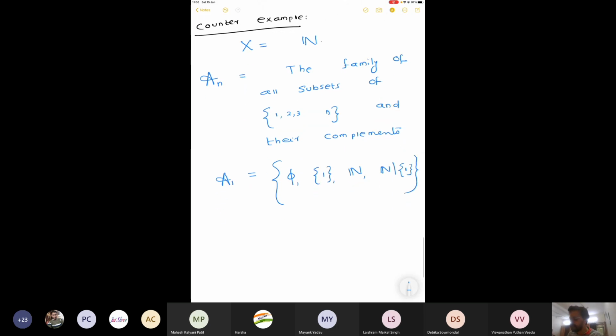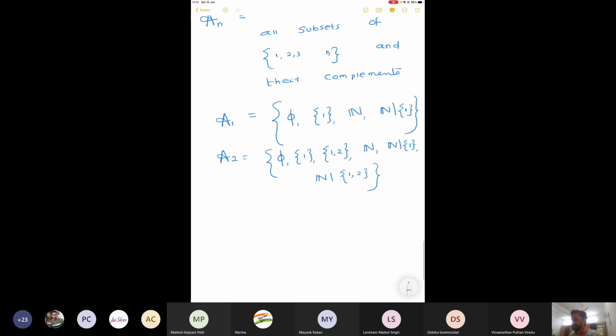And A_2 is all subsets of the set {1, 2}, which are the null set, {1}, {1, 2}, and their complements. That means N, N minus {1}, and N minus {1, 2}, and so on. And A_3 would be all subsets of {1, 2, 3} along with their complements.